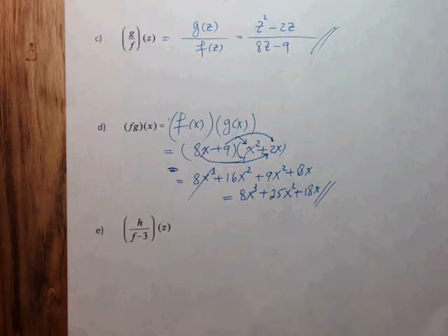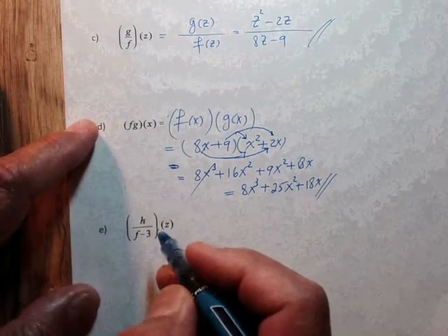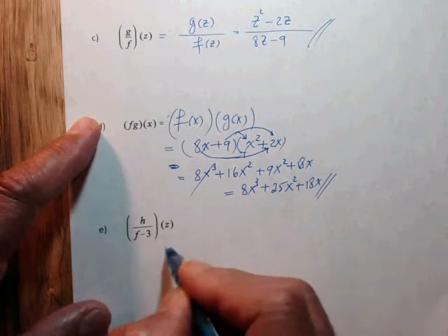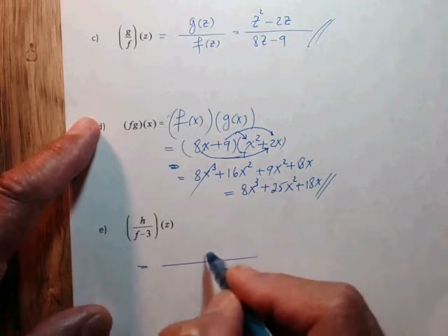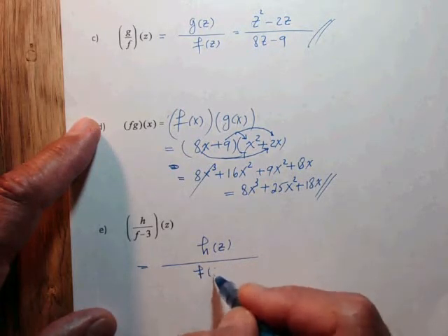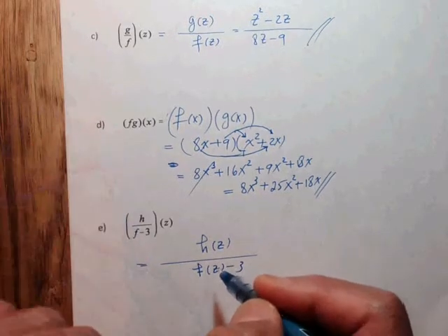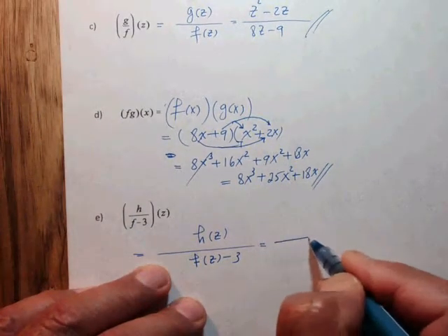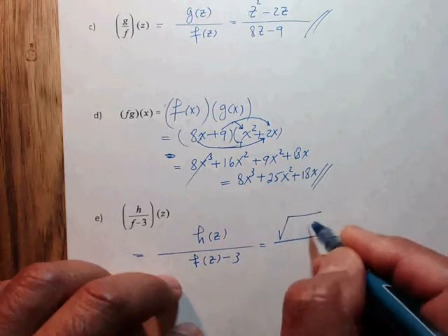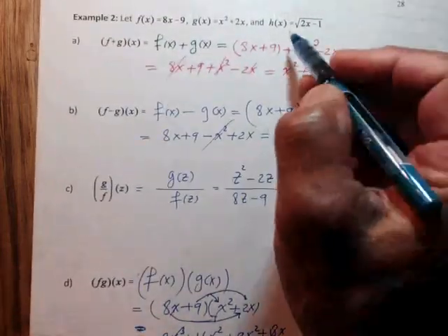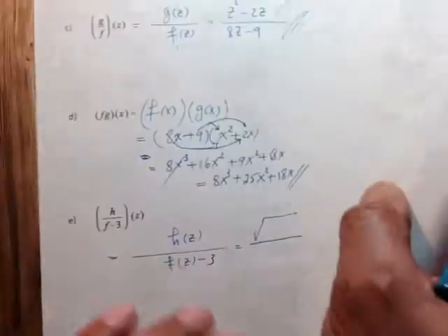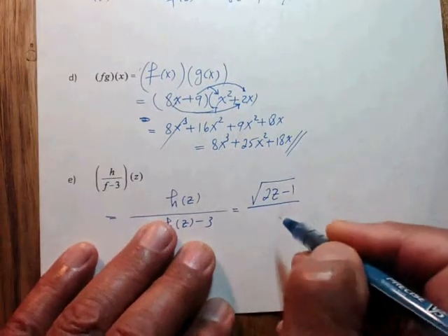One more. This is not written nicely, but this is actually equal to h of z divided by f of z minus 3. h of z is the square root of, you see, this is z right here. h of z means replace this x by z, so you get the square root of 2z minus 1.